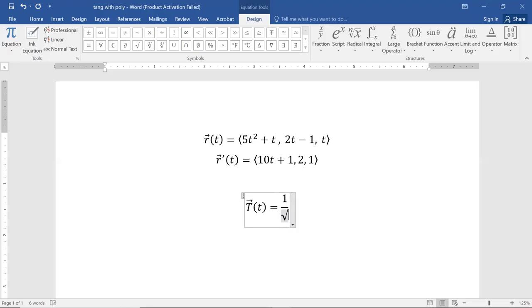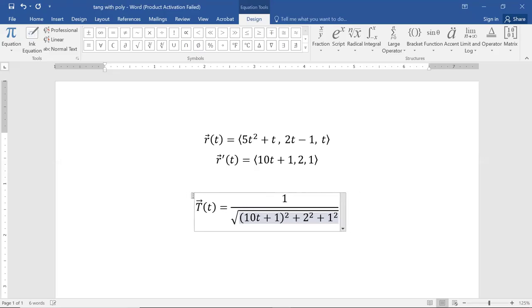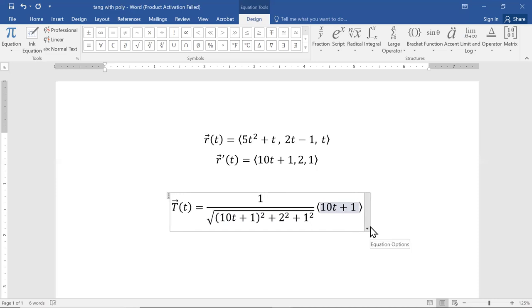It's going to be 1 over the square root of 10t plus 1 quantity squared plus 2 squared plus 1 squared. I'll simplify that in a moment, but before I do that, let's make sure that we're all on the same page. We're multiplying that by our 10t plus 1, comma, 2, comma, 1.